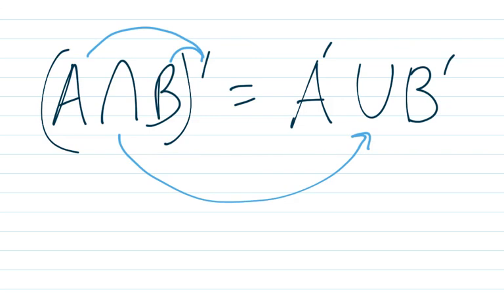So that's kind of one way to think about it. That's almost like an algebraic way to think about it. How does distribution of complements in parentheses impact a set and their set operation?